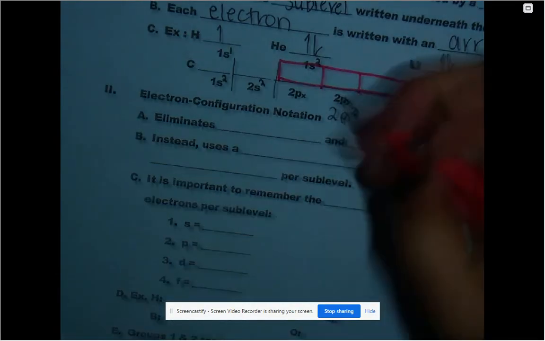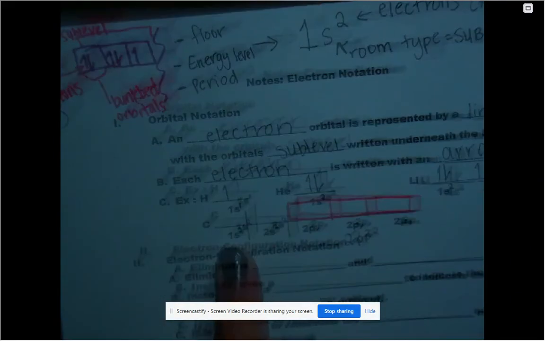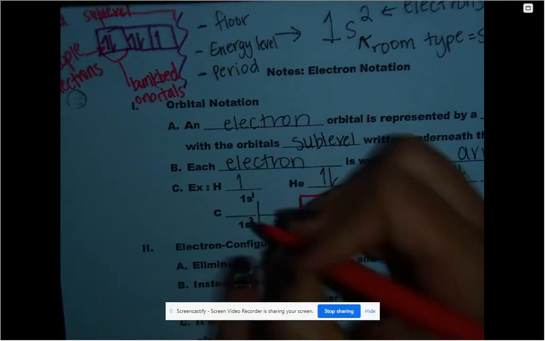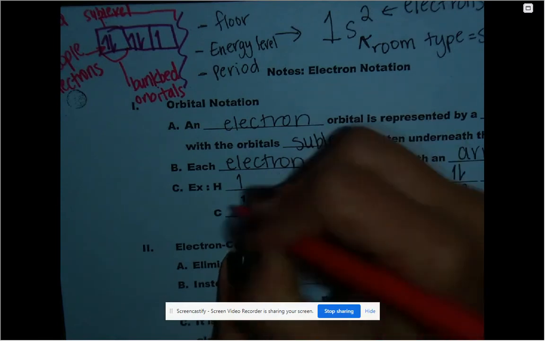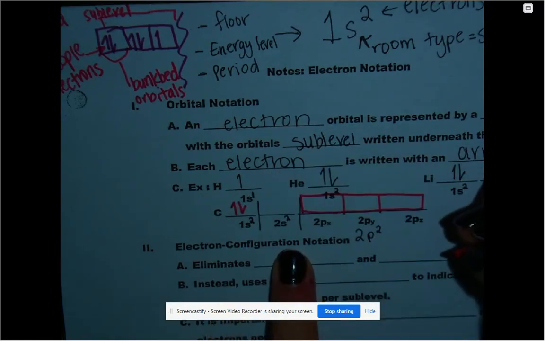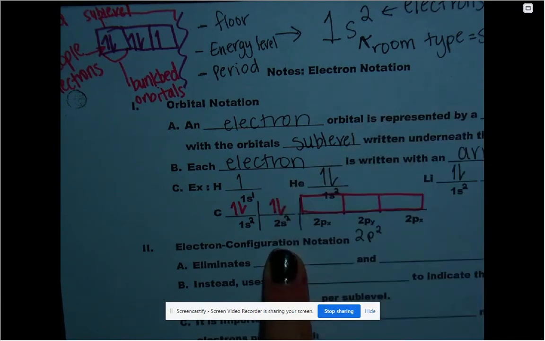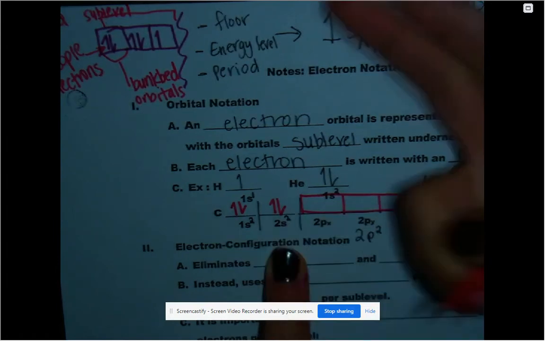But back to orbital. So when you go to fill these up with the arrows, we have to follow the manager's rules, right? So first floor, sunny room. We fill up that bunk bed right away. Then we're like, okay, now we can move to the second floor. So second floor, sunny room, fill up the bunk bed. We're now at 4. We have 2 extra people, so we can't go to the third floor.